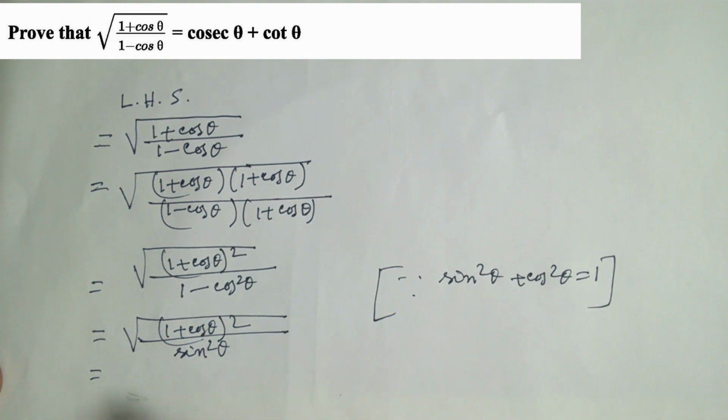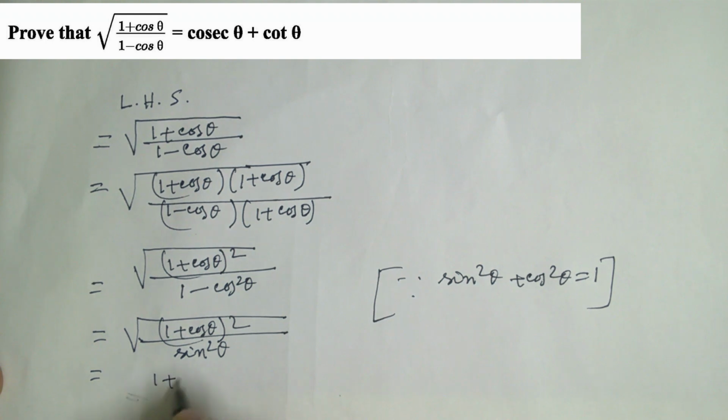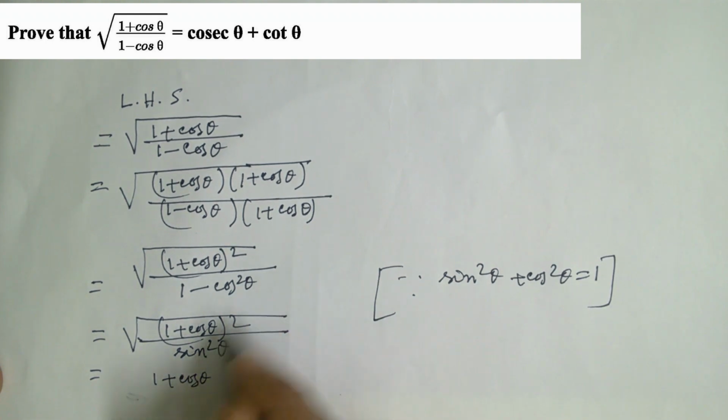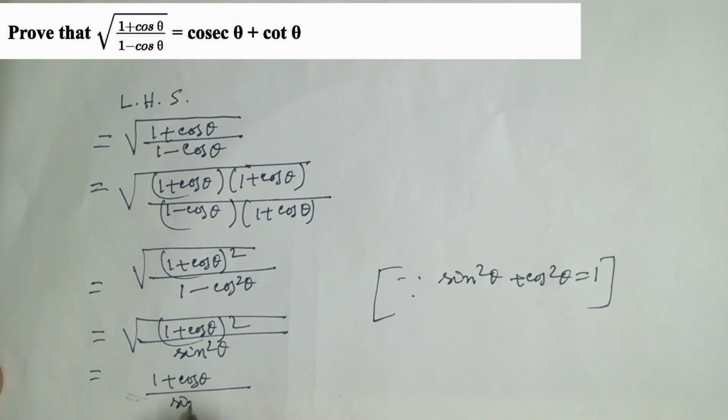So now remove the square terms: square root of (1 plus cos theta) whole square, the square and the square root cancel, and sin square theta, the square and the square root cancel, giving sin theta.